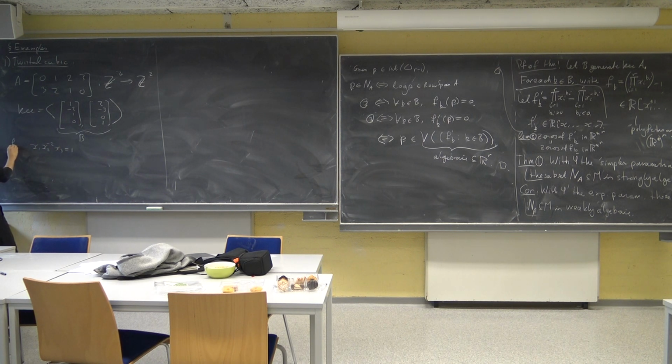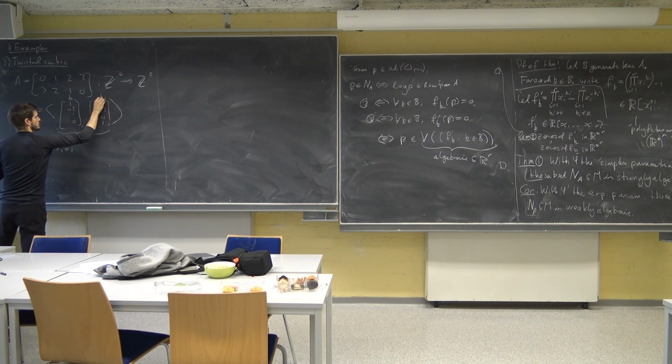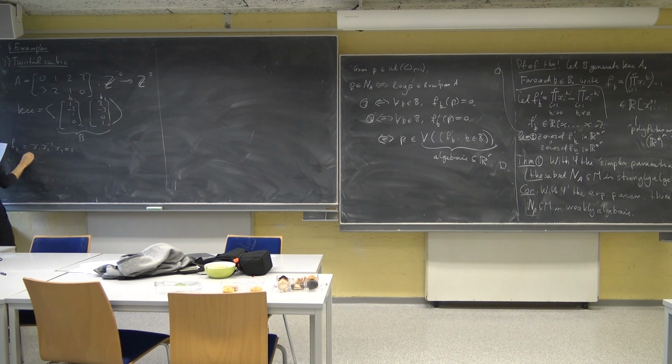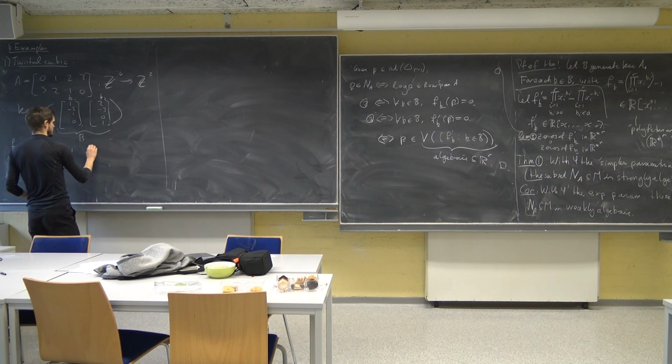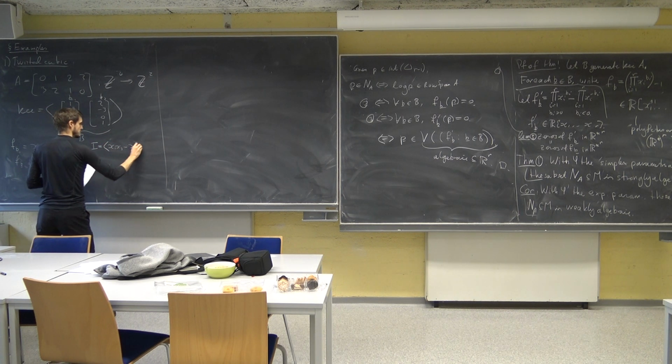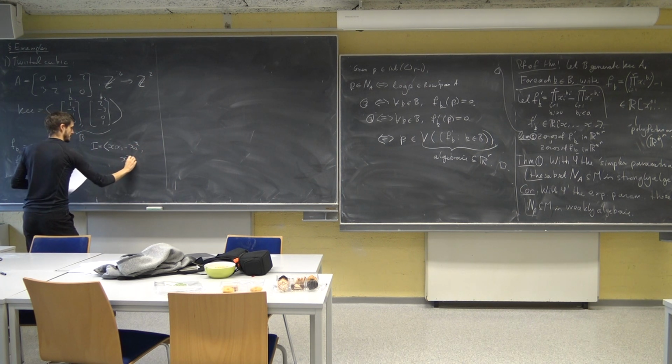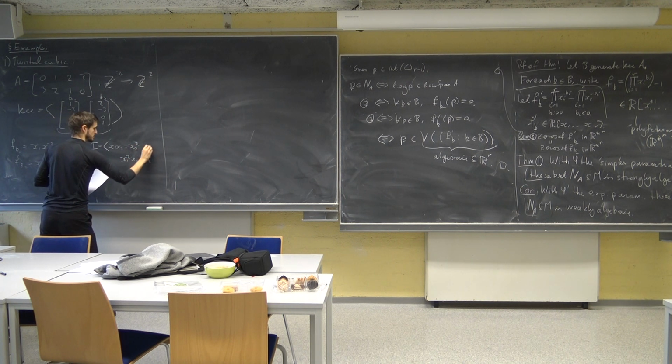If this is B1 and B2, then FB1 is this equation, and FB2 is x1 squared times x2 to the minus 3 times x4 equals 1. Again, we have these negative exponents, so let's push them to the other side. So we can find that the ideal that we want is generated by x1 x3 minus x2 squared, and x1 squared x4 minus x2 cubed.